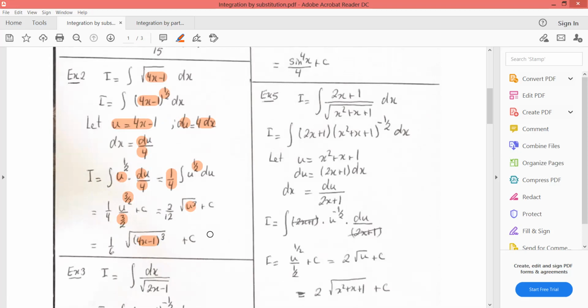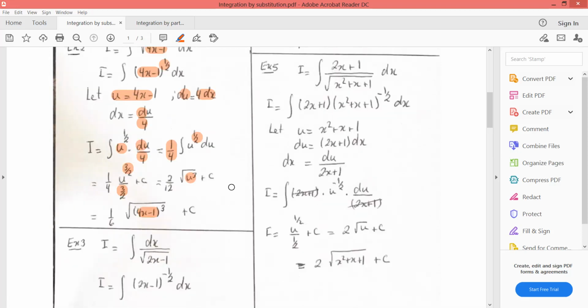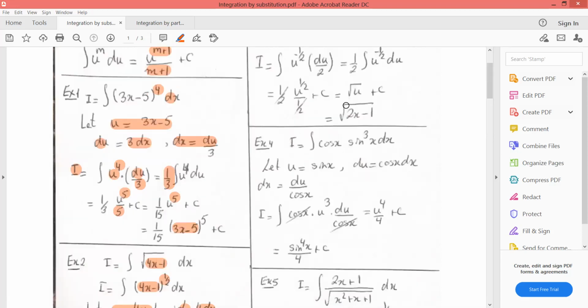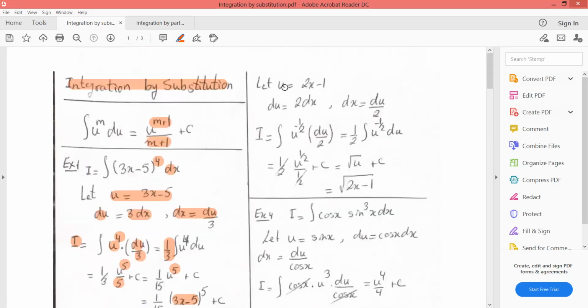Any questions? I equals integral dx over radical 2x minus 1. 2x minus 1, I change it into the form of a power. Since it is in the denominator, I will put it up in the numerator, it is minus half. I take the base of the power as u, so u is 2x minus 1.